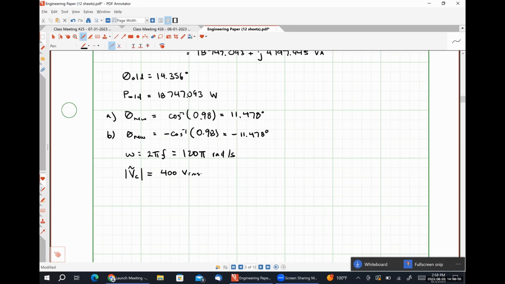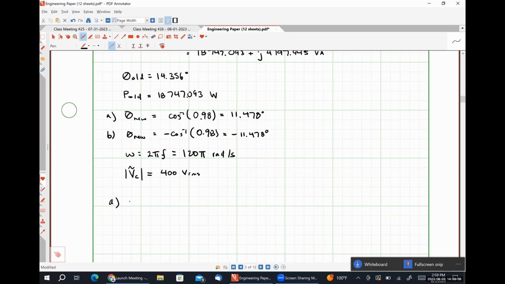Okay, so we now have everything to plug into our equation. So let's do this really quickly. Let's start with A, right? So I have 18,747.093 times the tangent of 14.356 minus the tangent of 11.478.